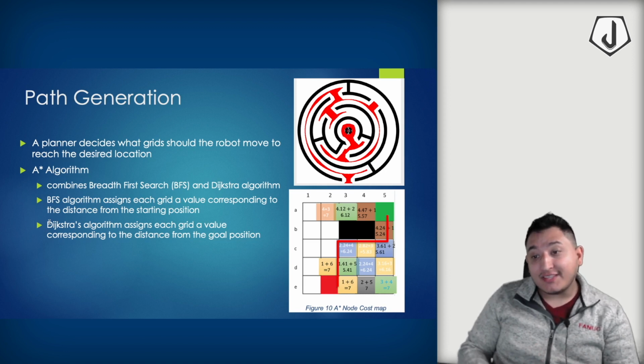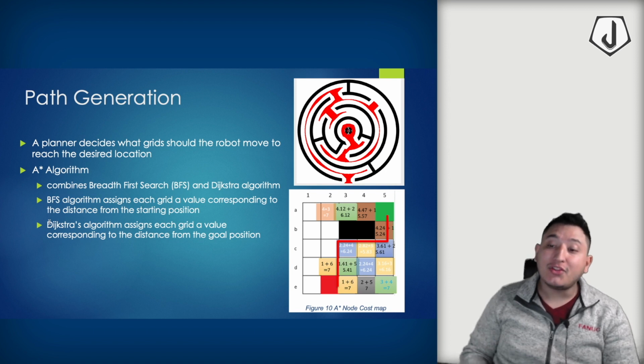Our path planner decides which grid the robot should move to reach the final goal. We implemented an A-star algorithm, which combines a breadth first search, BFS, as well as Dijkstra's algorithm. A breadth first search algorithm assigns each grid a value corresponding to the distance away from the starting position.